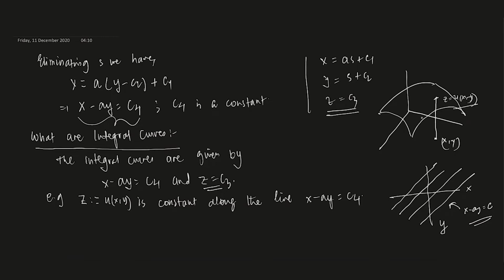If you look at the graph of the function along these lines, the graph is constant along this line. And once we get this, we can actually construct a surface out of it. How do you construct a surface? So, constructing an integral surface.